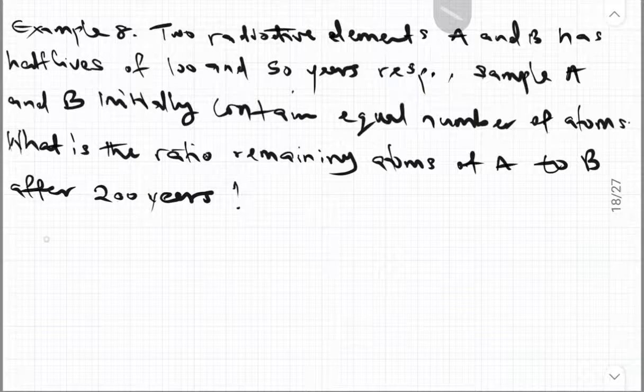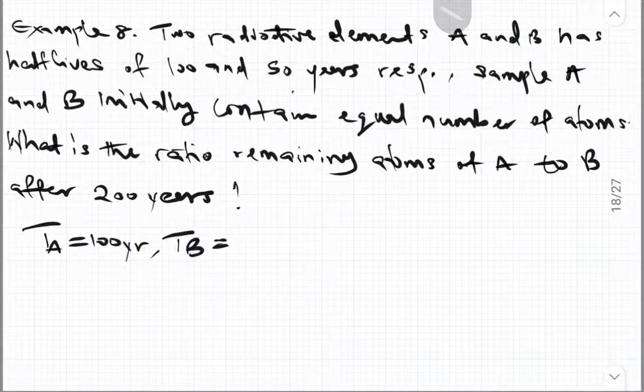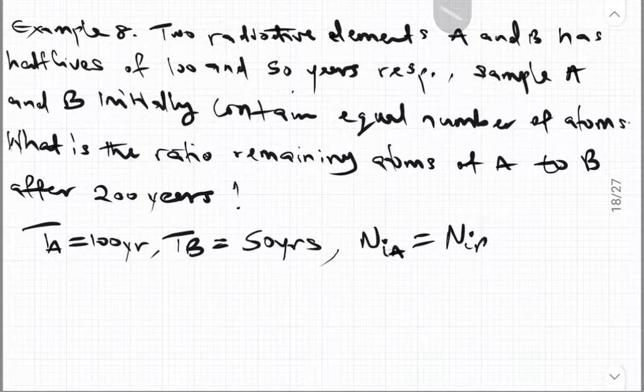So the half-life of A is 100 years, and that of B is 500 years. Sample A and sample B initially contain an equal number of atoms. So N initial of A is equal to N initial of B.